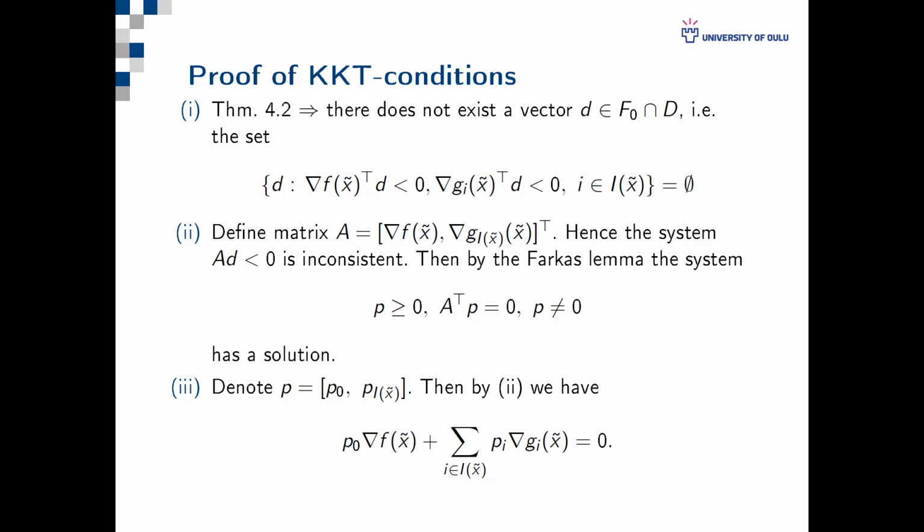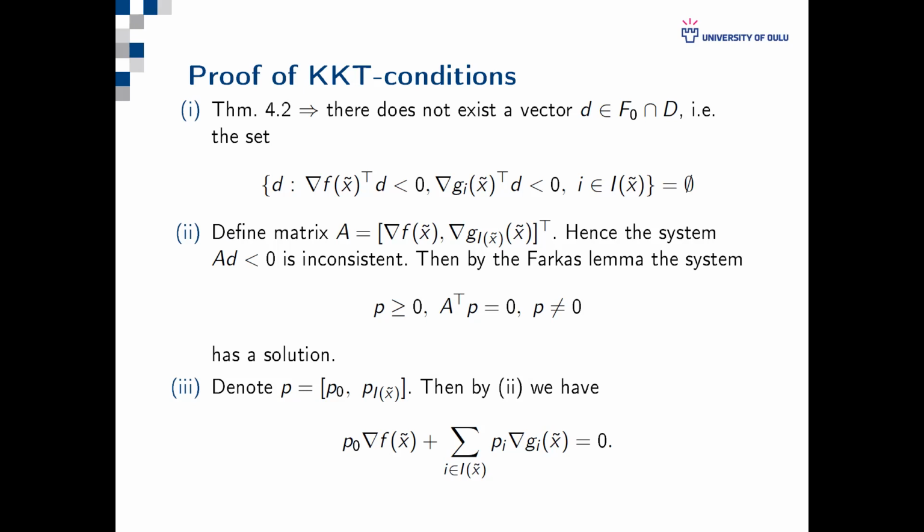So I define the matrix A, where the first row is the gradient of f, and the next rows are the gradients of the active constraint functions. So this relation is inconsistent, and we have two options.